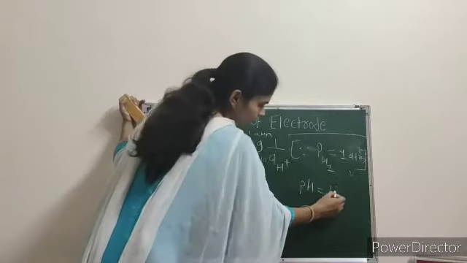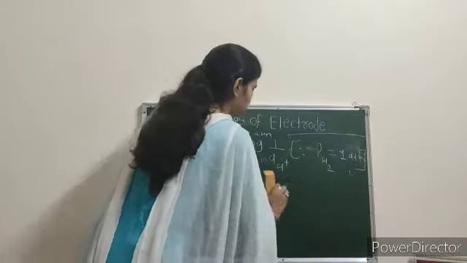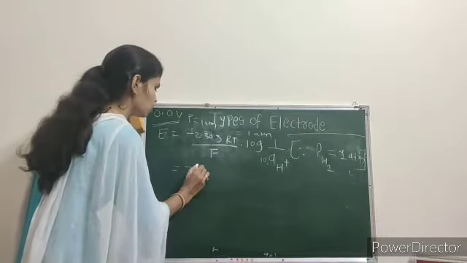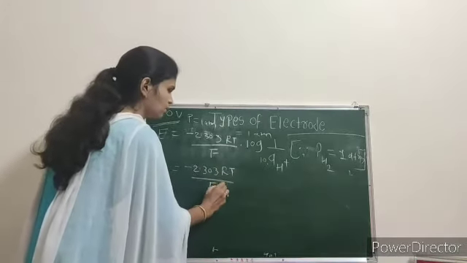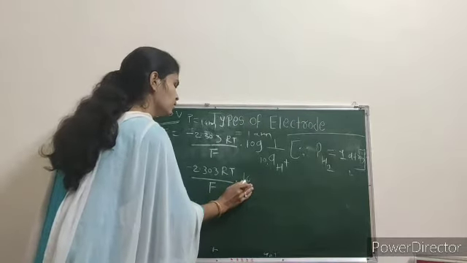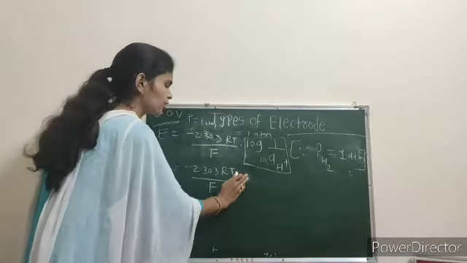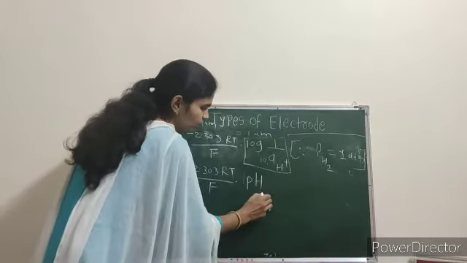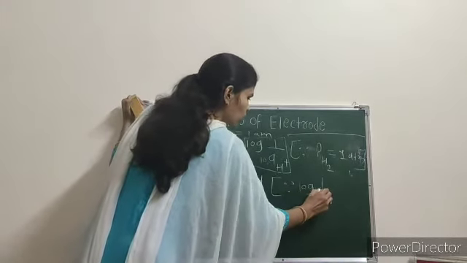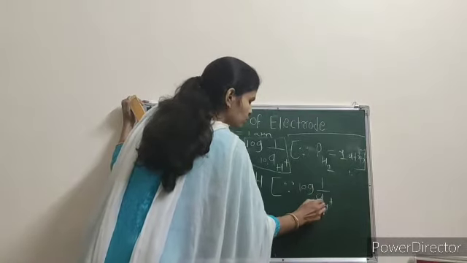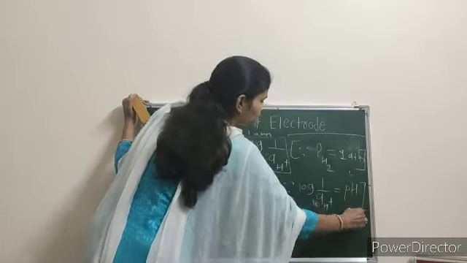Therefore, E is equal to minus 2.303 RT upon F into pH, since log of 1 upon the activity of H plus ions to the base 10 is equal to pH.